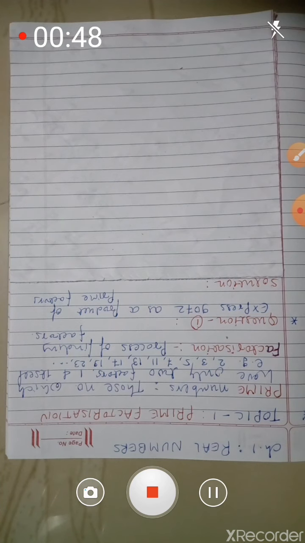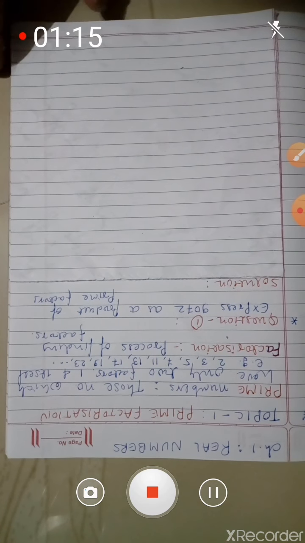Some examples are 2, 3, 5, 7, 11, 13, 17, 19, 23, etc. Factorization is nothing but a process of finding factors. So prime factorization means we have to express the given number as a product of prime numbers.